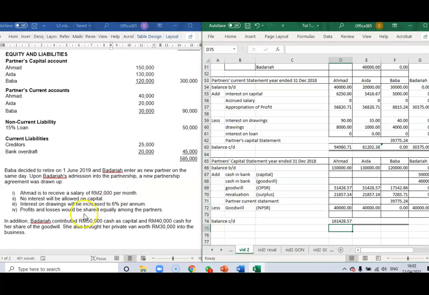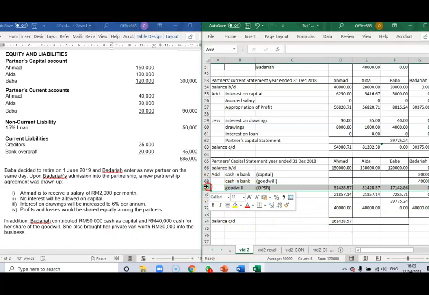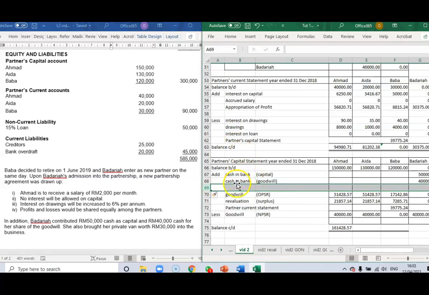Wait. Contribution of Badaria is 50,000 cash for capital, 40,000 cash for Goodwill, and she brought the private van. Okay, I forgot that one. So just insert. You have motor vehicle, the amount is 30,000.